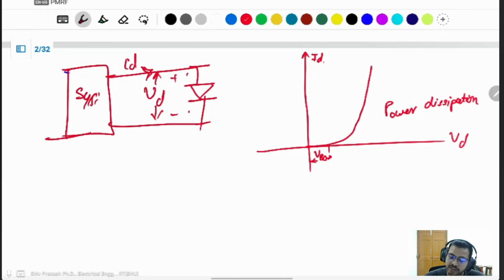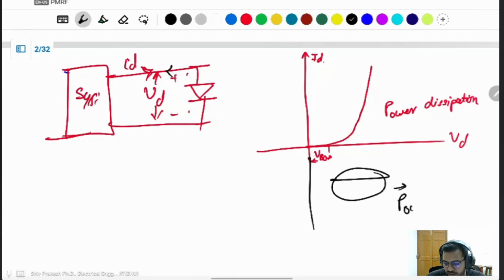If the same thing is in the reverse direction, then it will deliver power. If some other system is applied in the reverse direction, the current will be reversed. This means this region will be the power generation region.